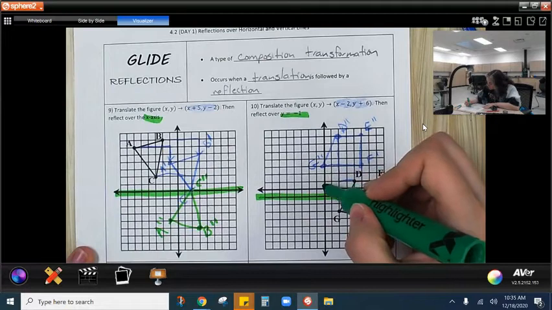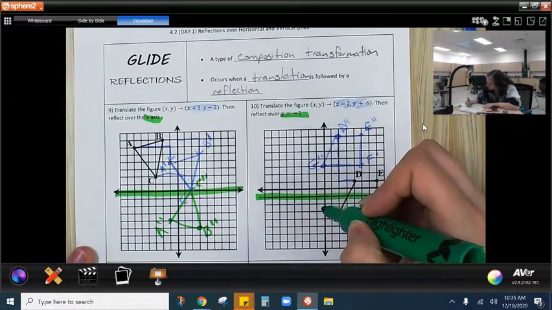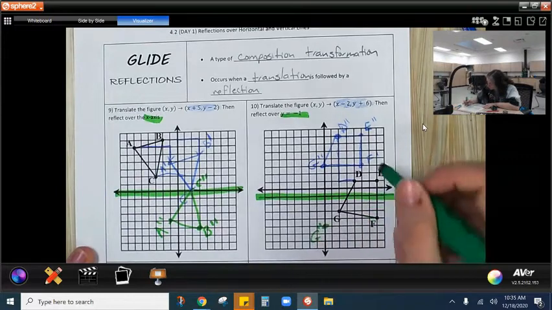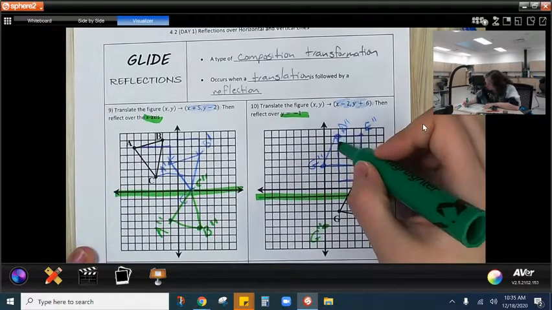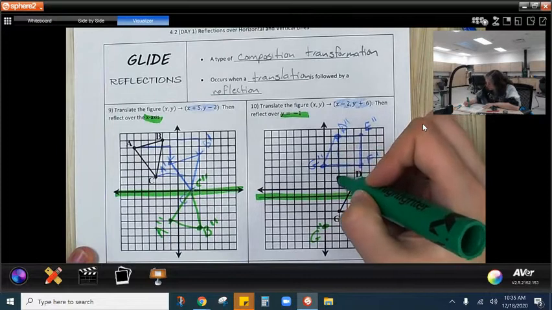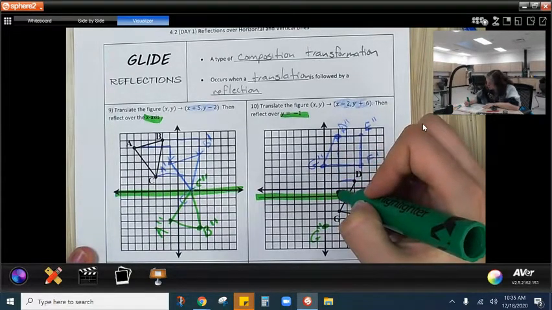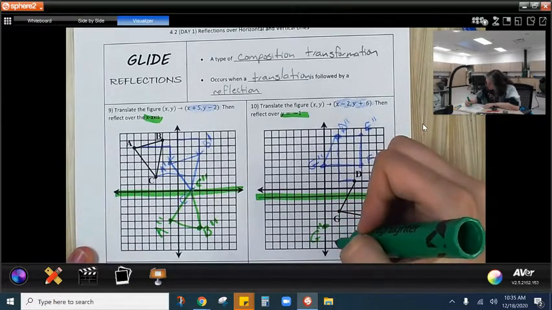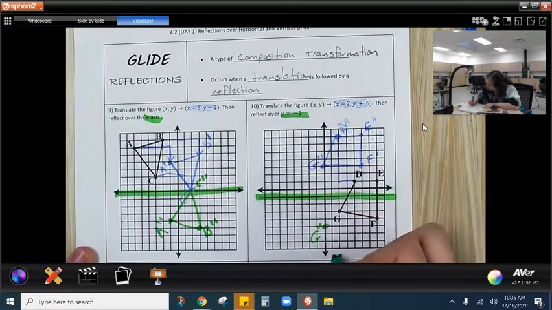G is 1, 2, 3, 4 away, so I need to go 1, 2, 3, 4. So this is G double prime. D is 1, 2, 3, 4, 5, 6, 7, 8 away, so I need to go 1, 2, 3, 4, 5, 6, 7, 8.